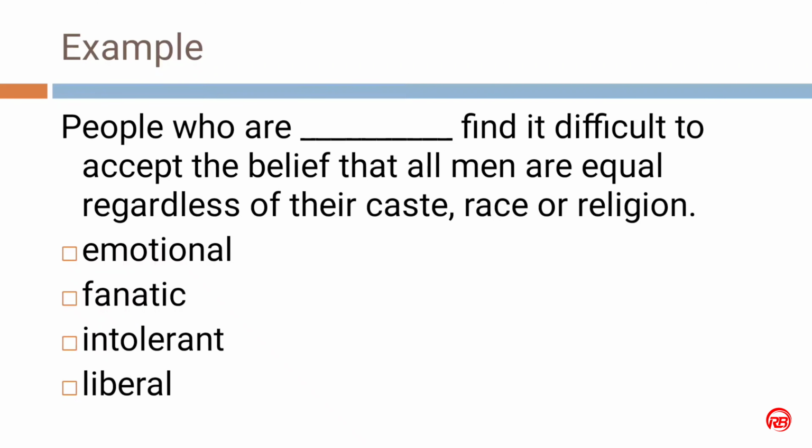People who are dash find it difficult to accept the belief that all men are equal regardless of their caste, race, or religion. So we can easily eliminate liberal and emotional and also fanatic. So the people who are intolerant find it difficult to accept the belief that all men are equal.